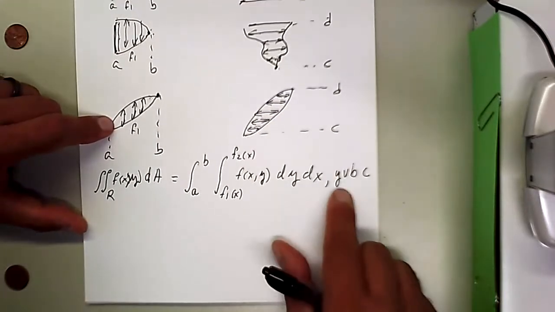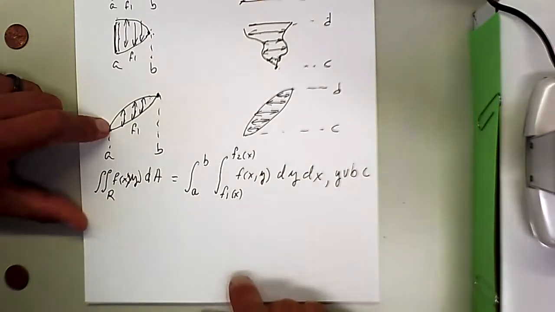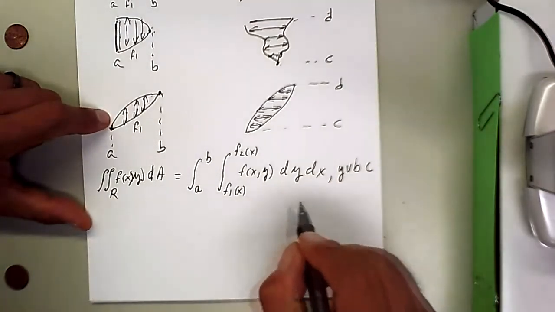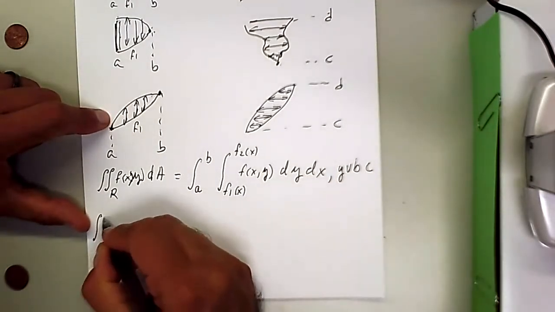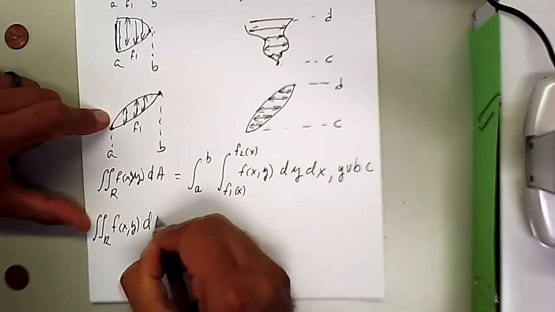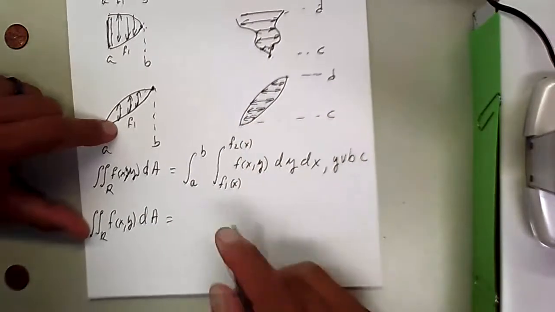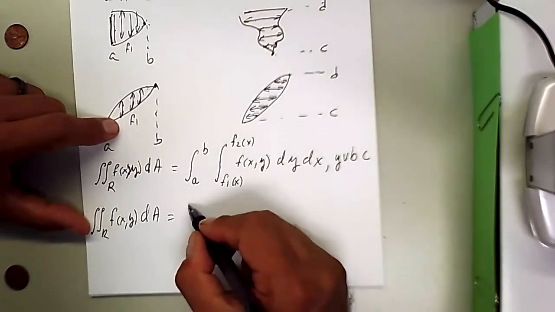I'm just choosing to call them what they are: y variable boundary. The same integral. So I'm going to copy this down again.